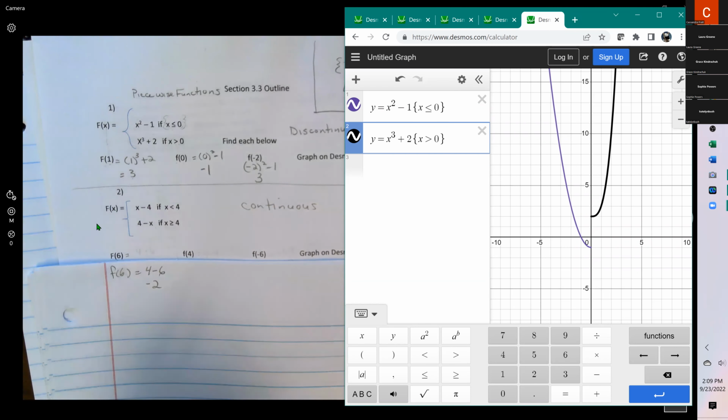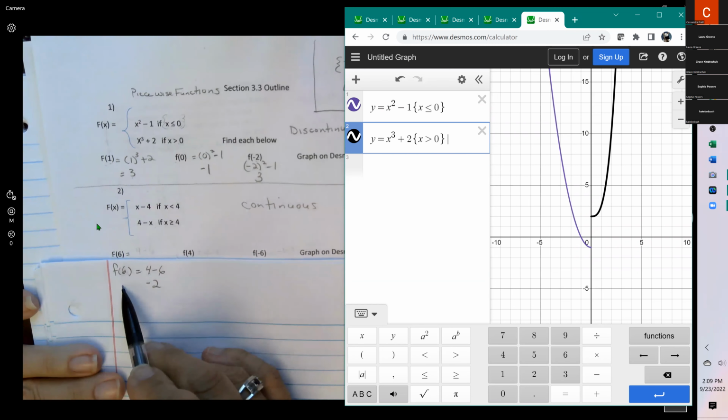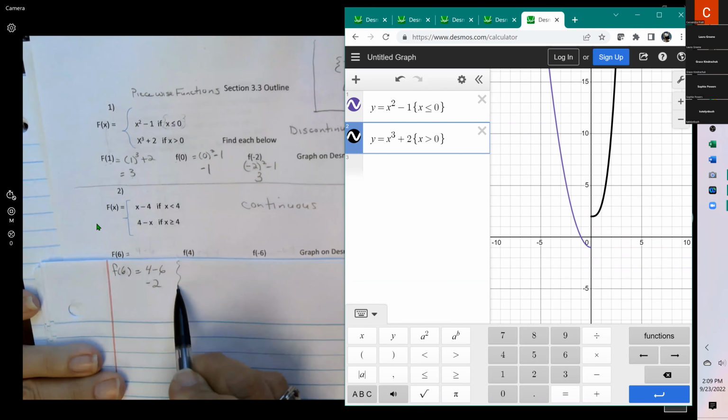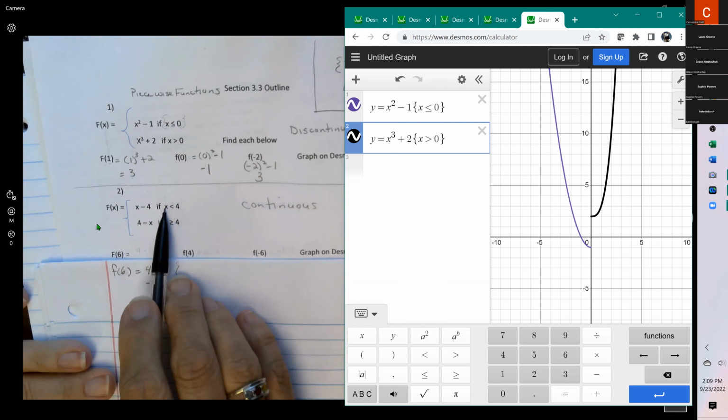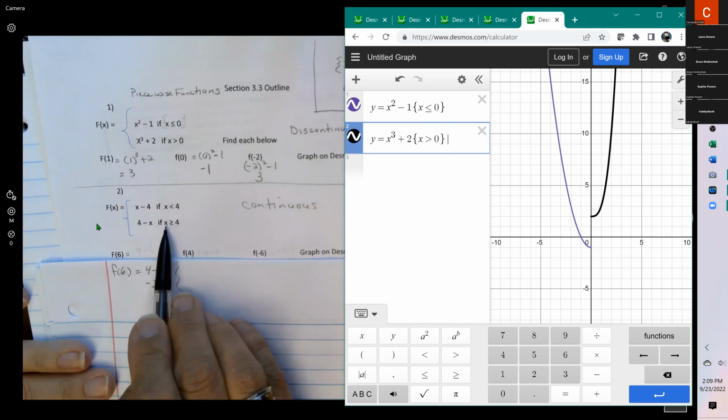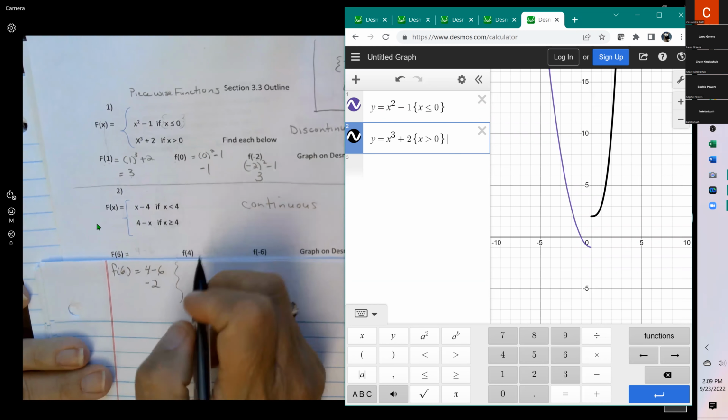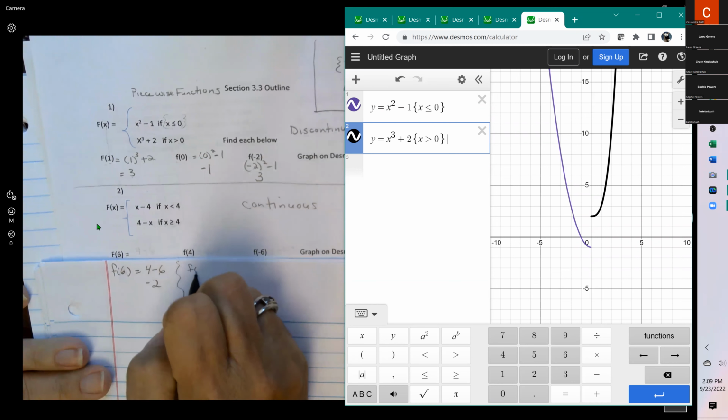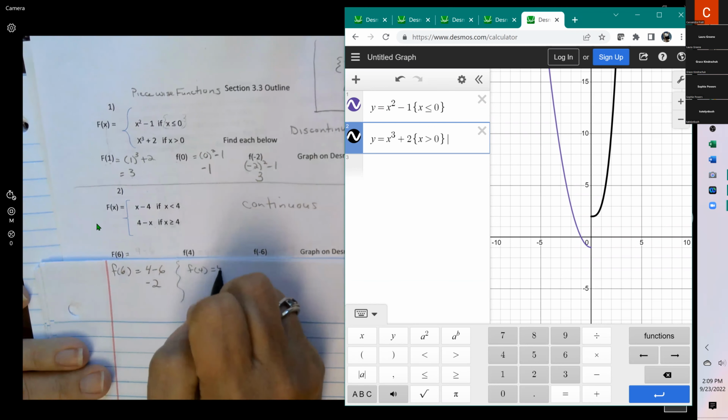Any questions on that part? Okay, f of 4. 4 is not less than 4. It's greater than or equal to. You want the part with the equal to. That's what the little line means. So that means we're using the bottom one to find f of 4. 4 minus 4 is 0.